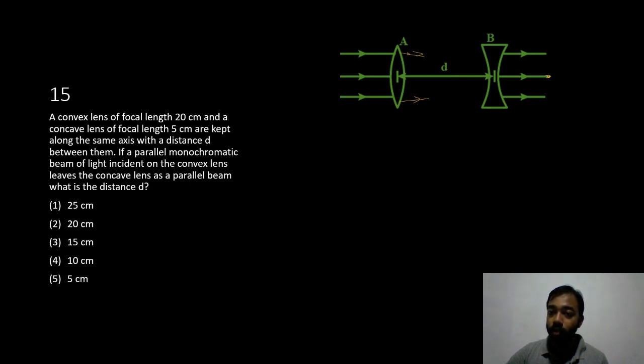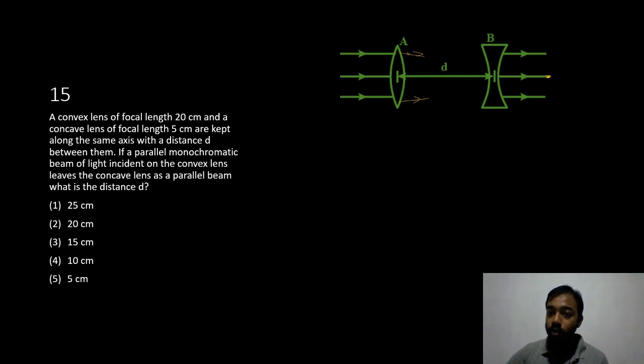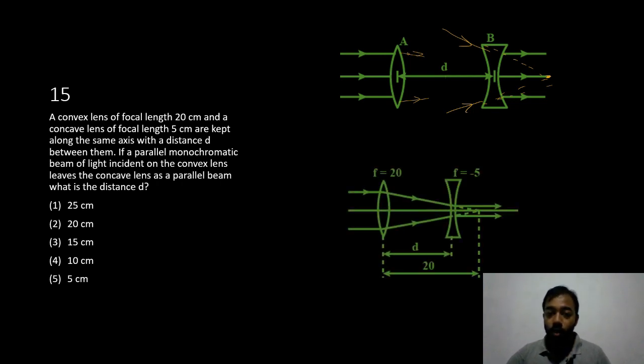If the object is formed here, then in order for the object to be at the focus on the right side, the incoming rays should point like this, towards the focus. The images are not drawn to scale. The actual ray diagram for this is like this.